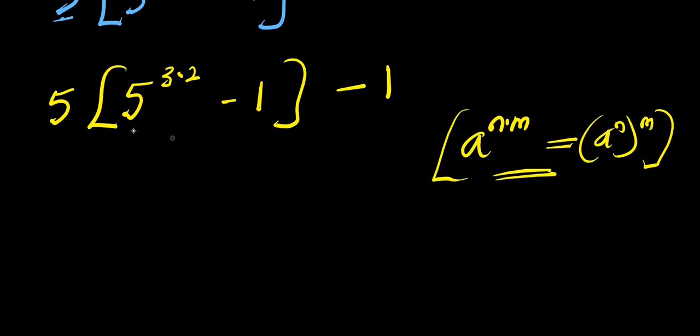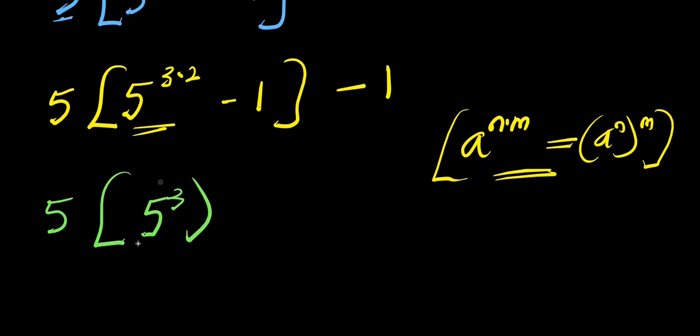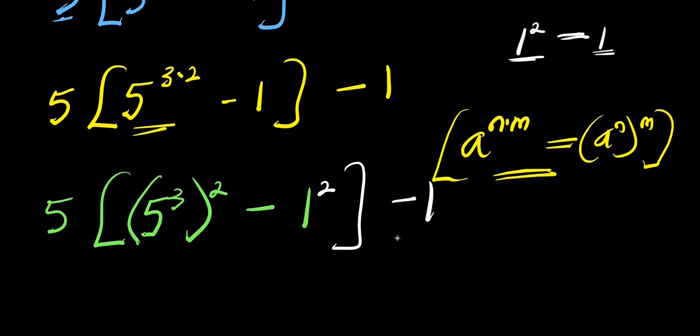I apply this right here. So that means I'm simply going to have 5 times 5 to the power of 3, and this is raised to the power of 2 minus 1. And this one here, I can as well raise it to the power of 2, because 1 to the power of any number will give you 1. So 1 to the power of 2 is 1. Have you seen it? Then I close my bracket, then I have minus 1 here.